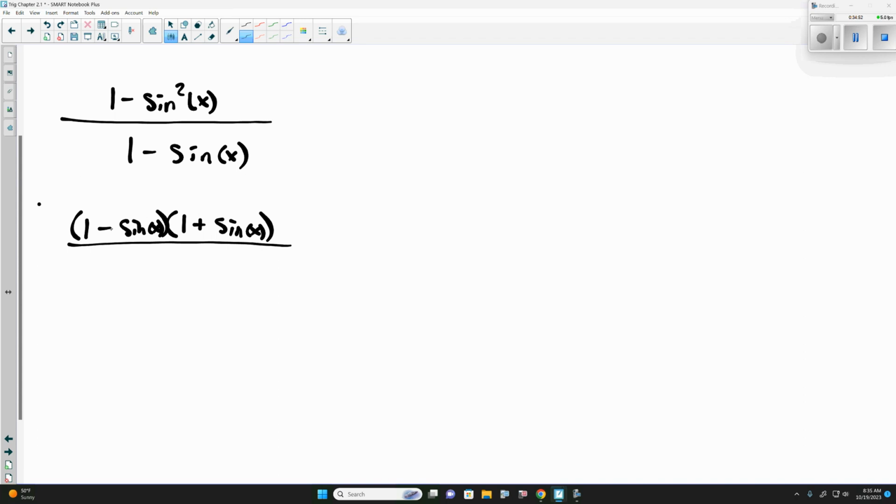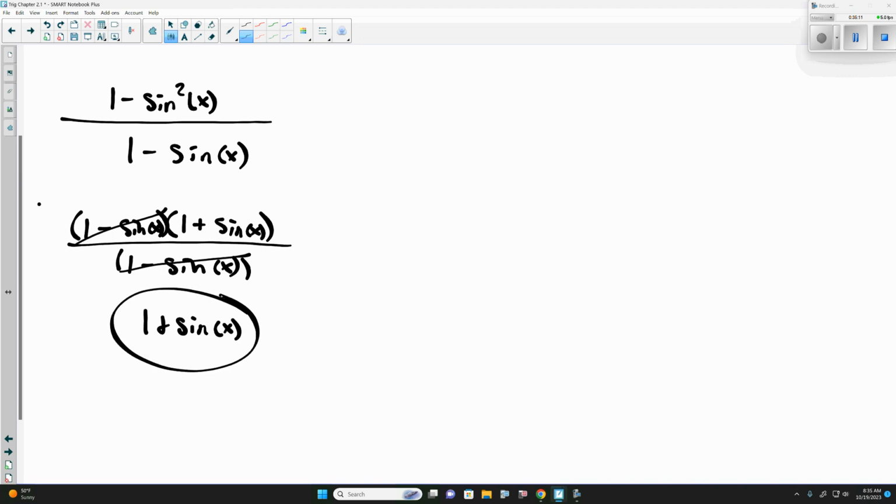So 1 minus sine squared of x would be 1 minus sine of x times 1 plus sine of x over 1 minus sine of x. Well, these cancel, leaving us with 1 plus sine of x. Same place, different method. This one, especially if you're able to factor the 1 minus sine squared easily, is a little bit quicker. U substitution would have taken another step or two, but we would have gotten to the same place.